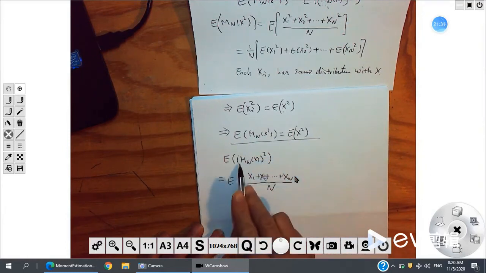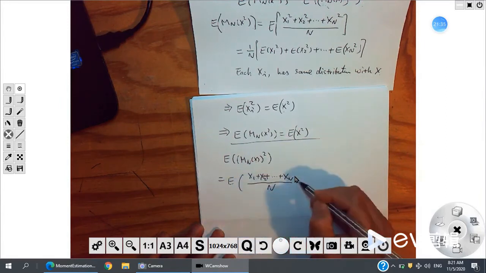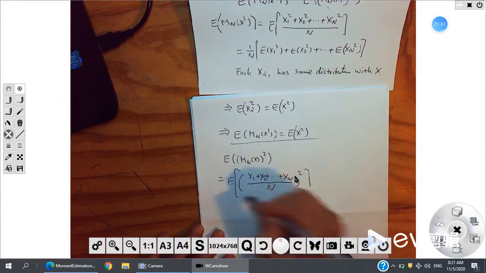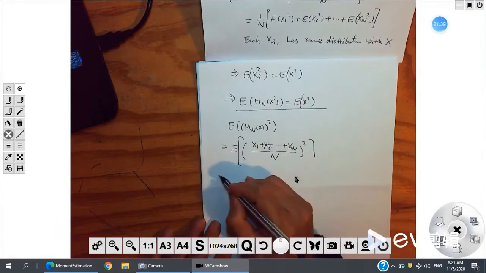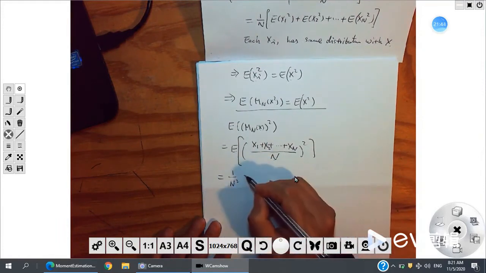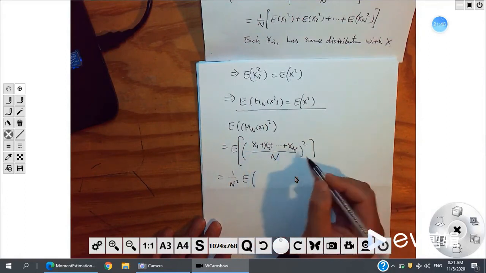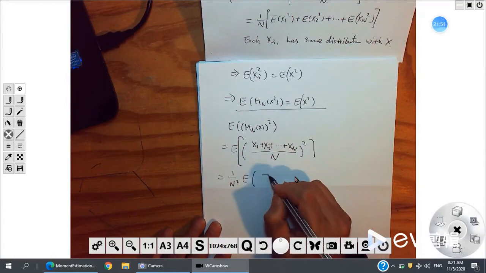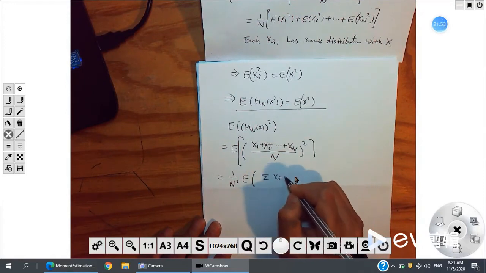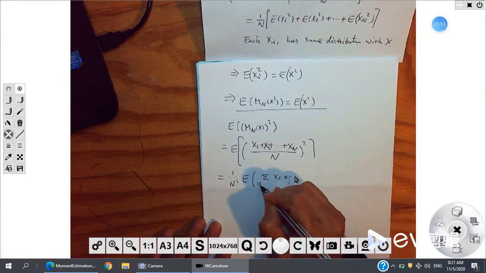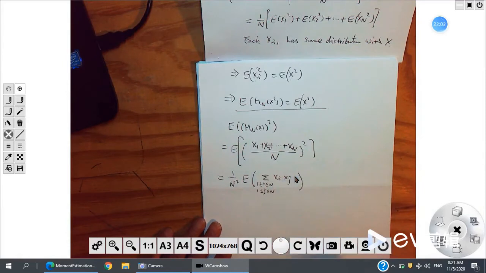This is a mean of x with n samples. And I take a square. By square, the n I have squared, I move it out, n squared. The expectation of this one times itself. So it will be the summation of all the xi xj, where i runs from 1 to n, j also runs from 1 to n, right?